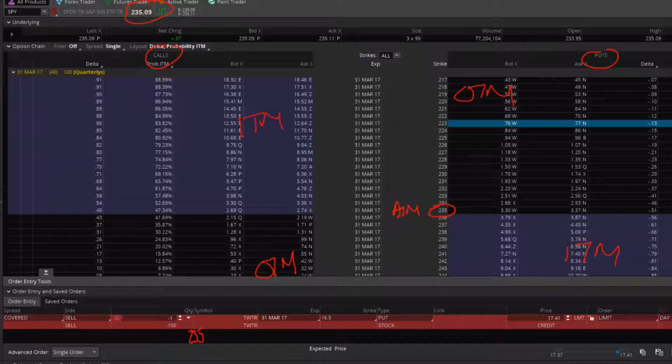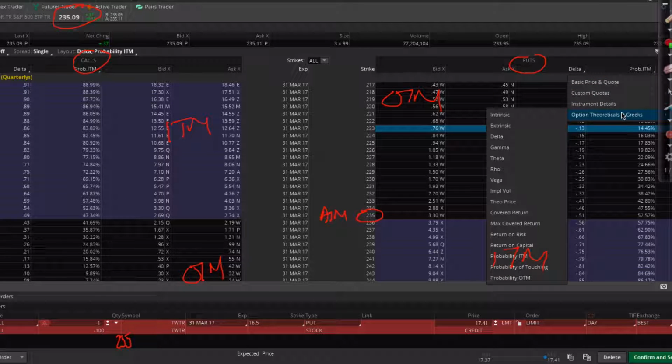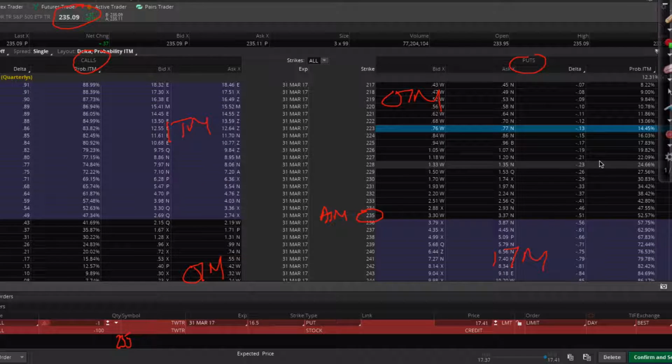In these columns at the top, you should have delta already selected. If you don't, select whatever the other one is and change that to probability ITM. Just select the top of the column, options, theoreticals, and Greeks, probability ITM, probability in the money. And this is saying what the probability is of this particular option being in the money.